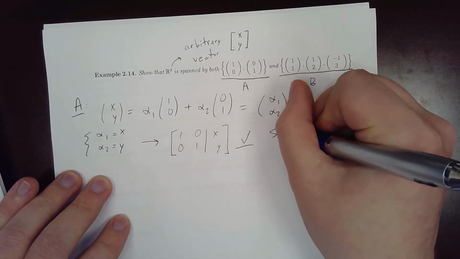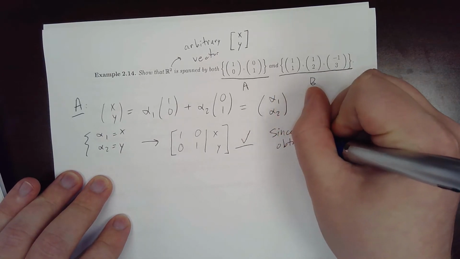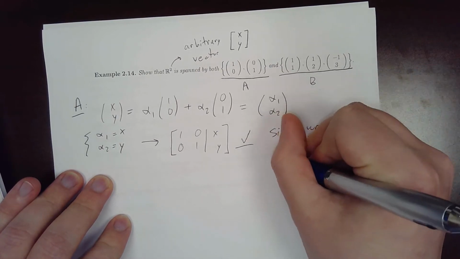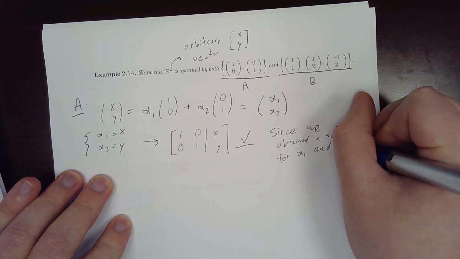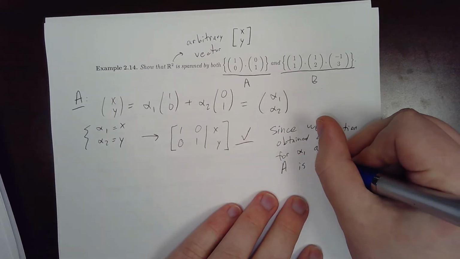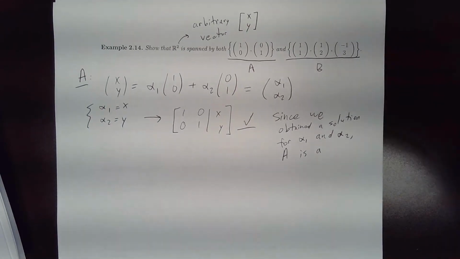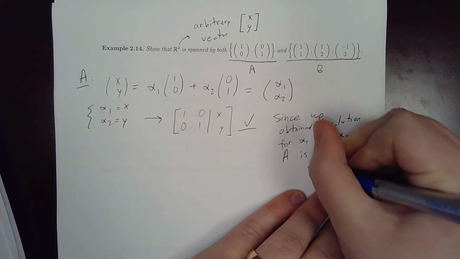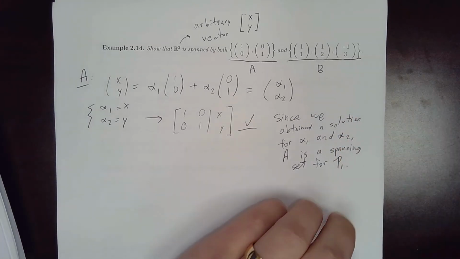So since we obtained a solution for alpha 1 and alpha 2, A is a spanning set for P1.